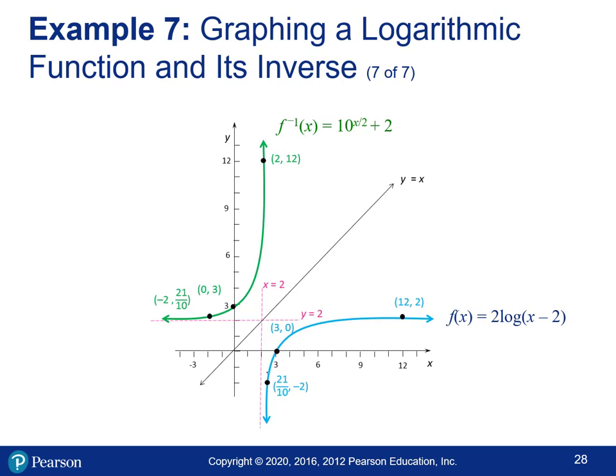We just take our 3 points that we plotted on the log function, and we swap the x and y values, or mirror them over the line y equals x, and then we also swap the asymptotes. The asymptote was this vertical one at x equals 2, so that's going to be a horizontal asymptote for our exponential function at y equals 2.